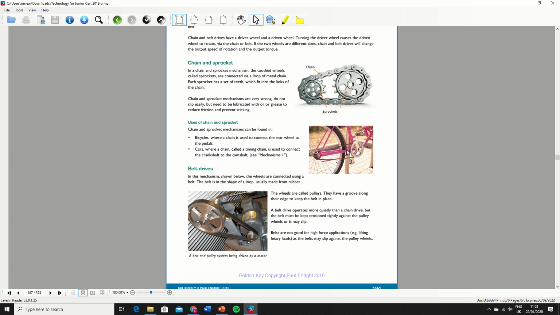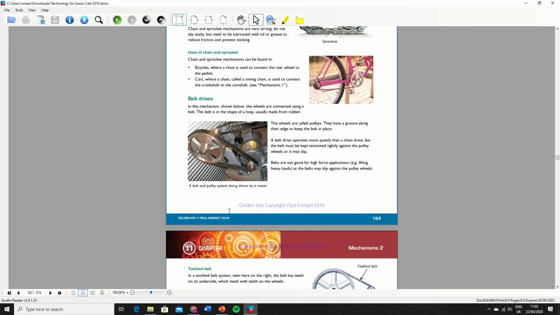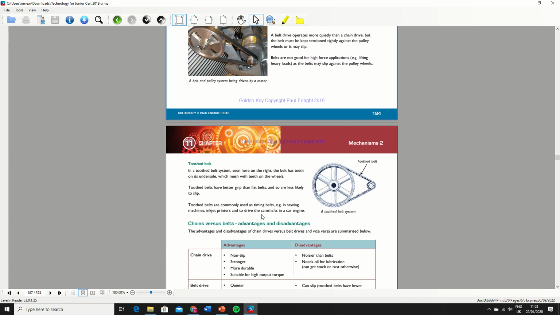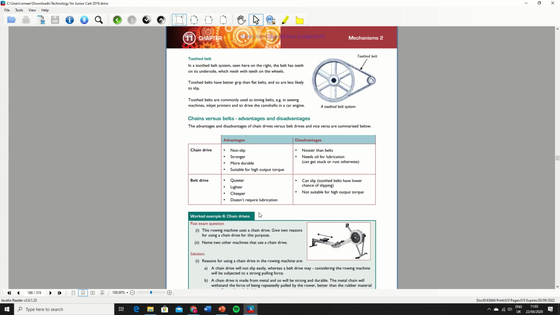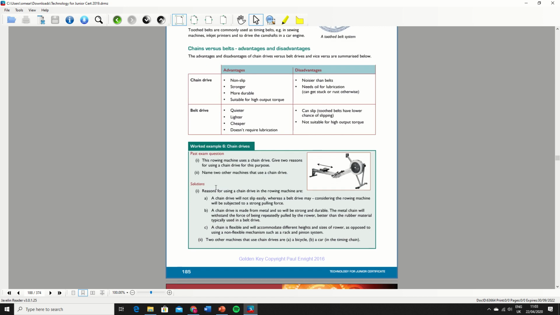What would end up happening is the pulley would just rotate and it wouldn't be connected to the belt, and the belt would just slip, so we actually wouldn't create any torque or any output force. So that's a main reason why you use chain drives over belt drives for a higher output torque. As I said, there are other benefits of the belt drive compared to the chain drive. So if you wanted something to work quietly, or something lighter and cheaper, you use your belt drive.